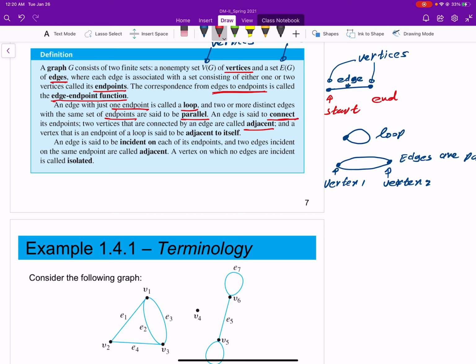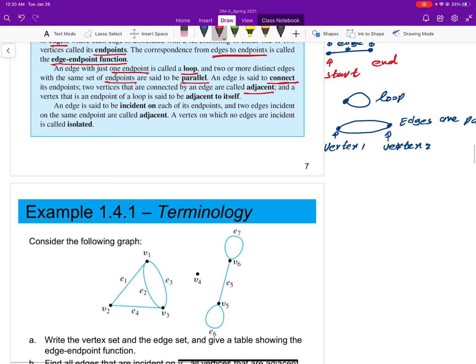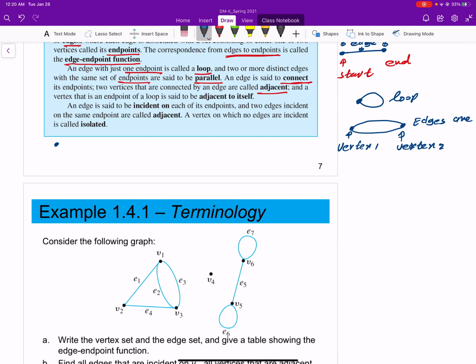Two vertices that are connected by an edge are called adjacent. Okay, so you have two vertices. Let's say vertex A and vertex B. If there's an edge, then you say A is adjacent to B.